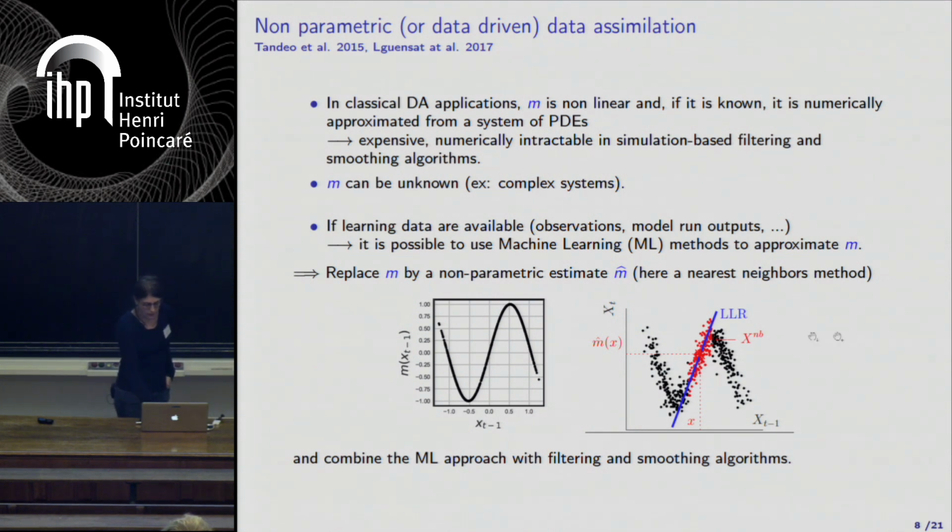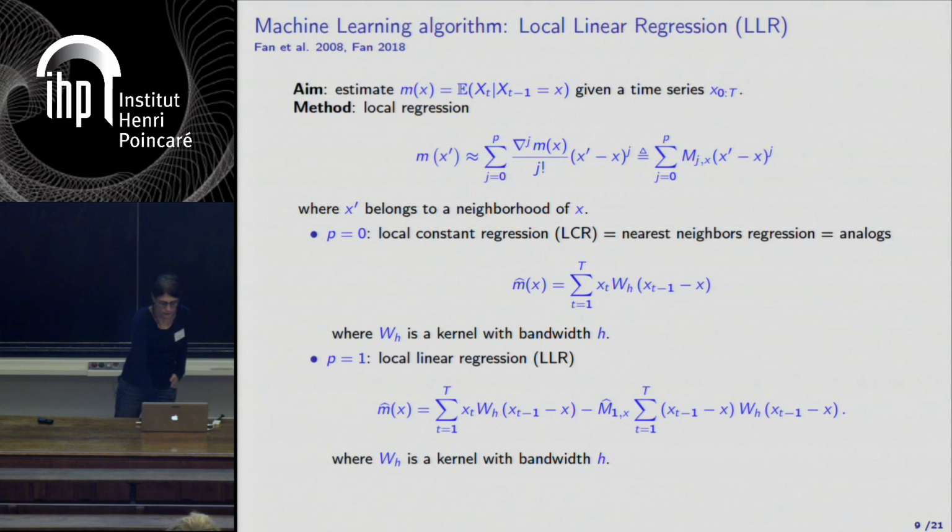So the idea is just nearest neighbor methods. For a given X, you look for the neighbors, but instead of just computing the mean of the neighbors, you fit a linear model. It could be written like this: M is approximated by a polynomial of degree P. If the degree is equal to 0, you just retrieve the nearest neighbor method.